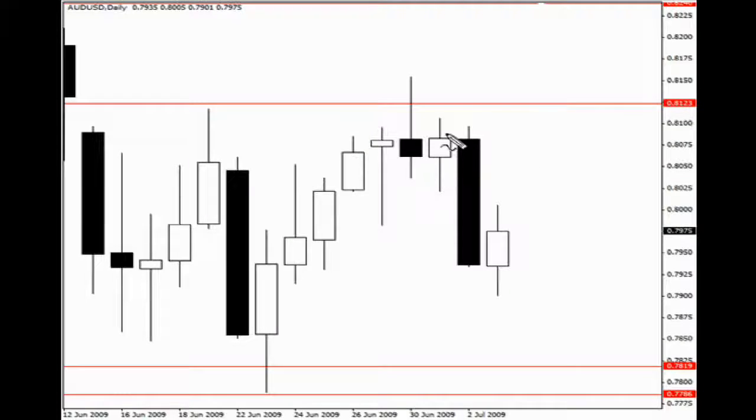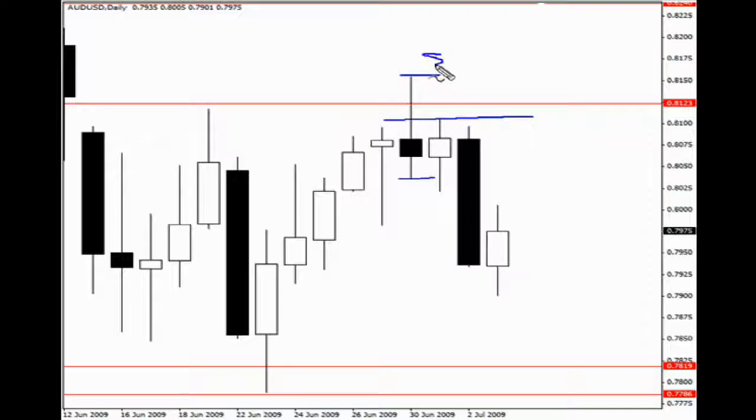Now the way that I trade this method is using the 50% range entry. Once I've identified the range of the pin bar itself, I will then enter at the halfway point of the bar. So in this instance I put an order to sell at 81.04, and the market actually had a high of 81.06, so I got filled almost perfectly near the day's high.